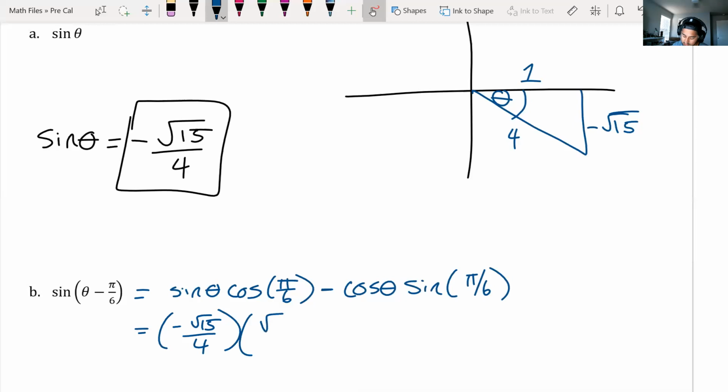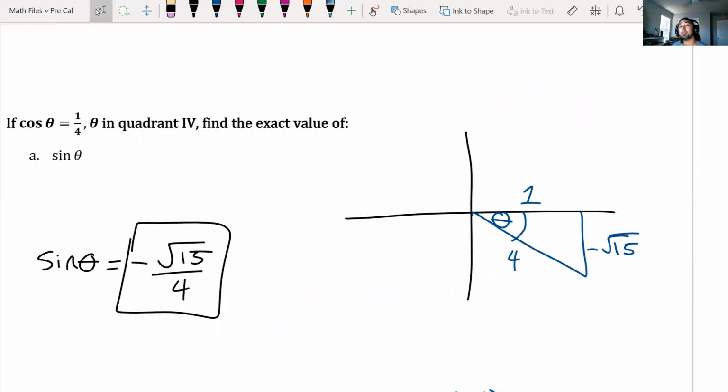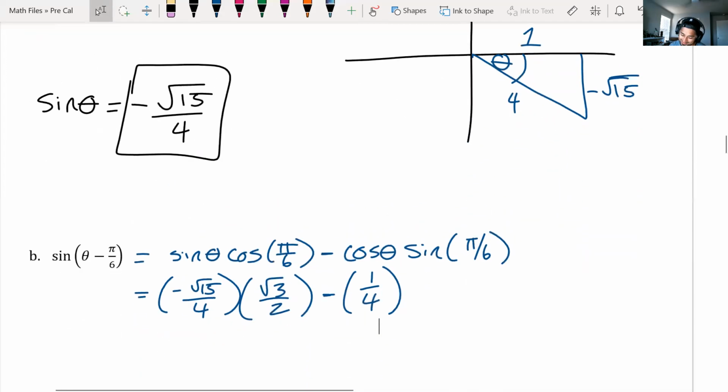Radical 3 over 2. Good. Minus, what is the cosine of this theta? Just 1/4, right? It's even given in the problem. Cosine is 1/4 right there. What is sine at pi over 6? 1/2.